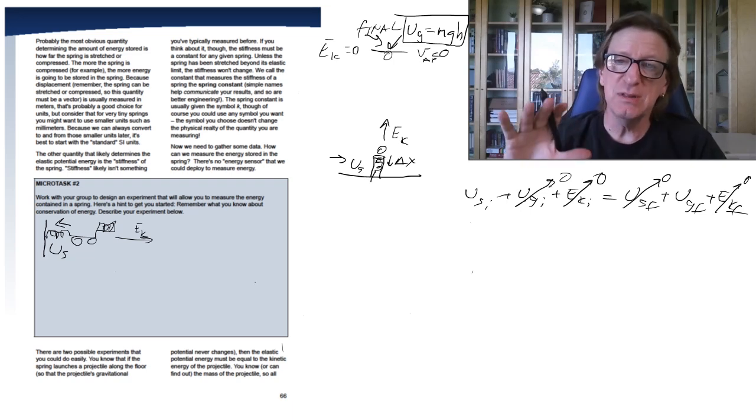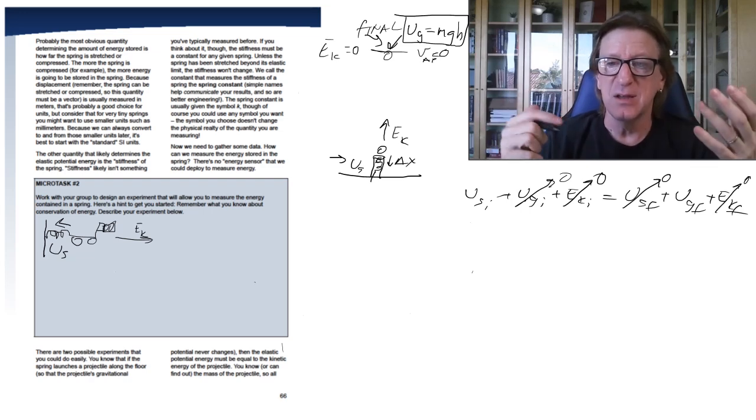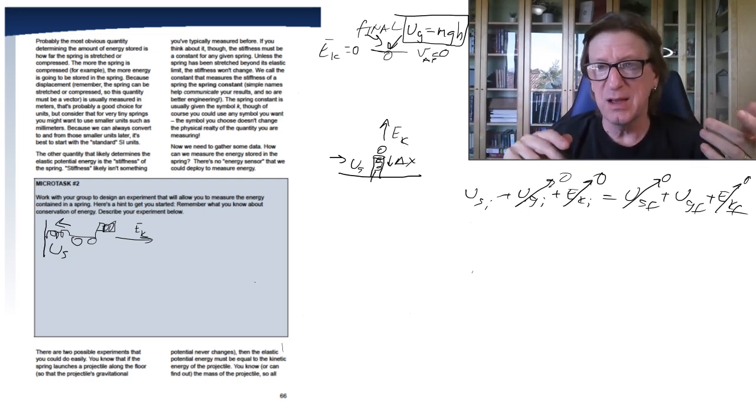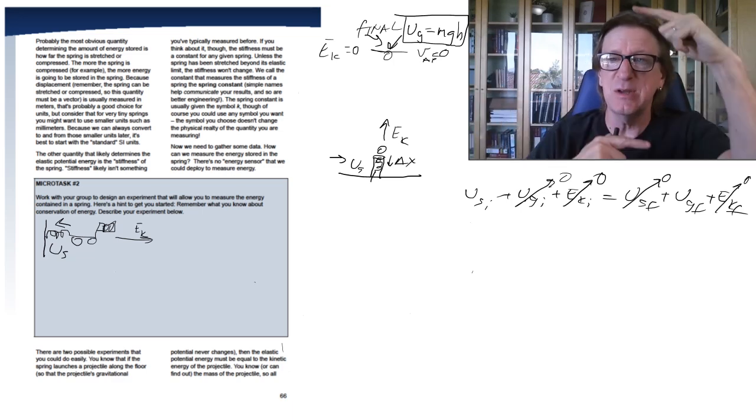So you see, doing this kind of analysis, it's a lot easier than jumping right into a bunch of algebra. I can look at this and say, oh yeah, the only thing I have initially is spring energy, and look at that, I don't actually need the kinetic energy to solve this because it was 0 at both places.